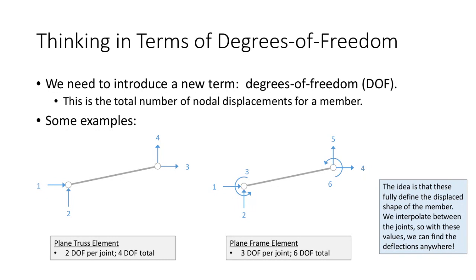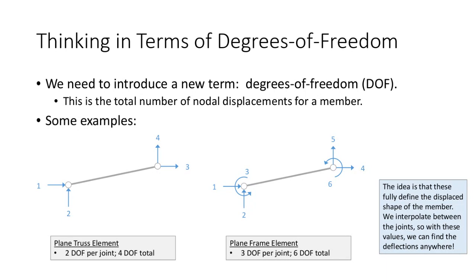So a plane truss element would have 2 degrees of freedom per joint, but 4 degrees of freedom total. If you're doing a truss analysis in RISA and you build the model, put the loads on and run it, every joint will have a displacement in the x direction and a displacement in the y direction. Now, some of those displacements might be 0 if, for instance, you have a joint with a support reaction there.